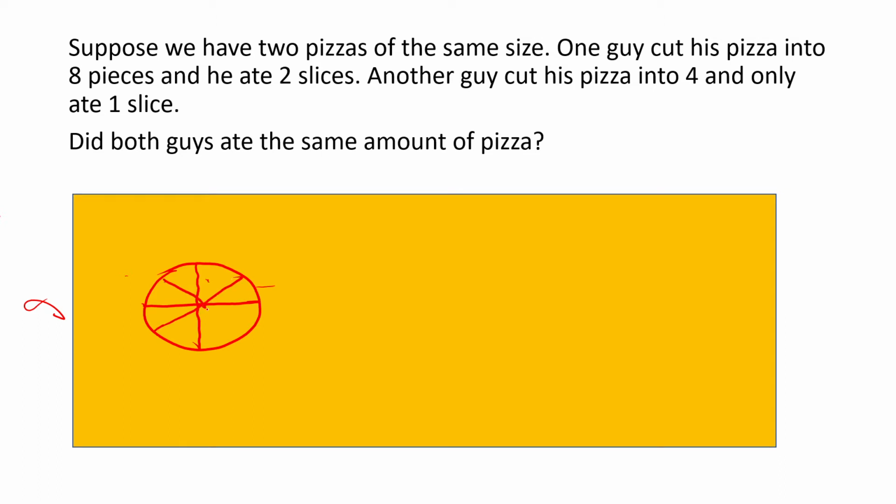Pretend they're all the same size. I know they don't look the same size, but just bear with it. So the first guy ate 2 slices, so we're going to shade 2 slices of pizza. And that's the first guy.